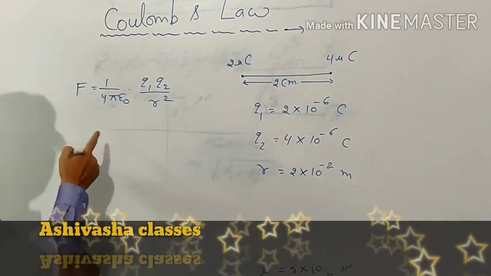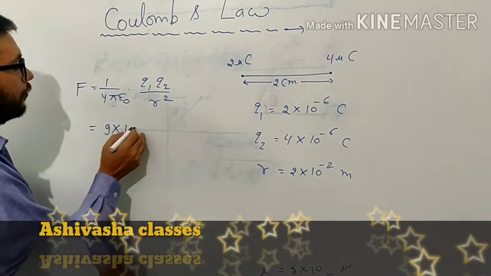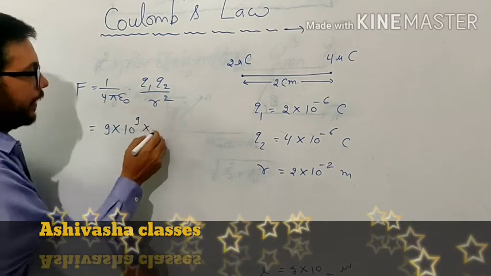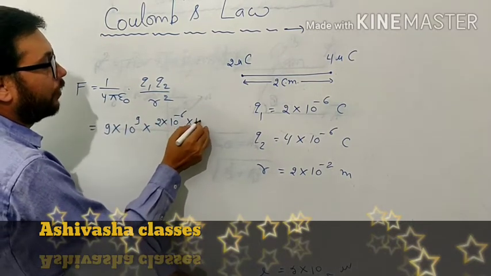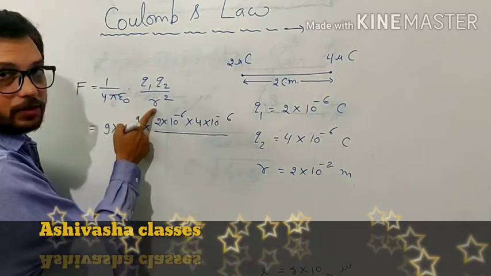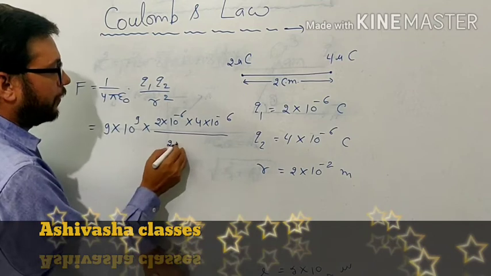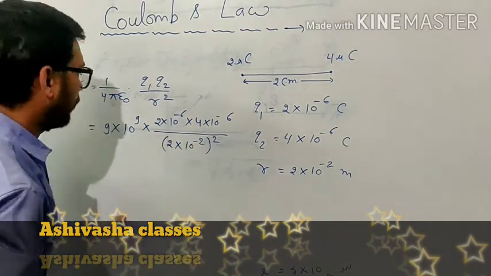Now what is the value of 1 upon 4 pi epsilon naught? The value is 9 into 10 to the power 9, and q1 is 2 into 10 to the power minus 6, q2 is 4 into 10 to the power minus 6, divided by r square. So this will be 2 into 10 to the power minus 2 whole square.